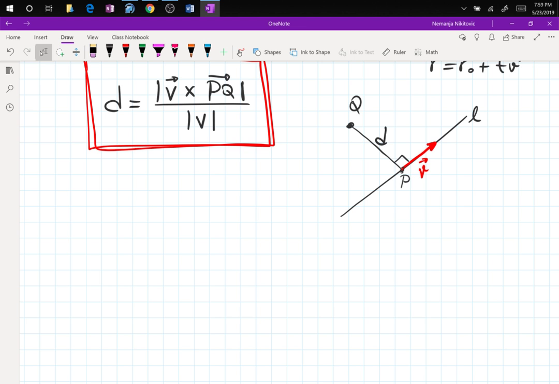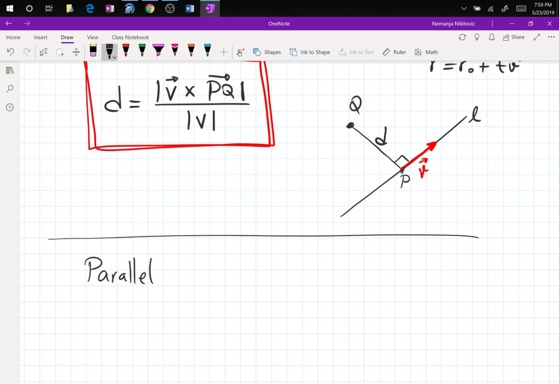So let's talk about the lines: parallel, perpendicular, or skew.